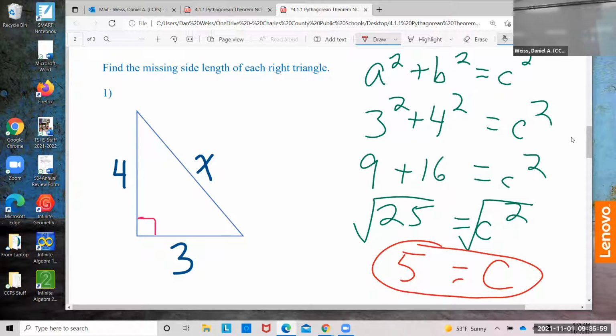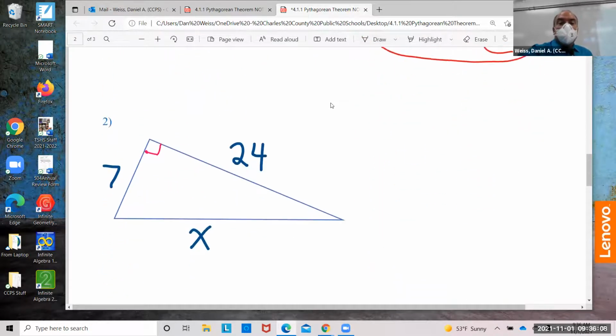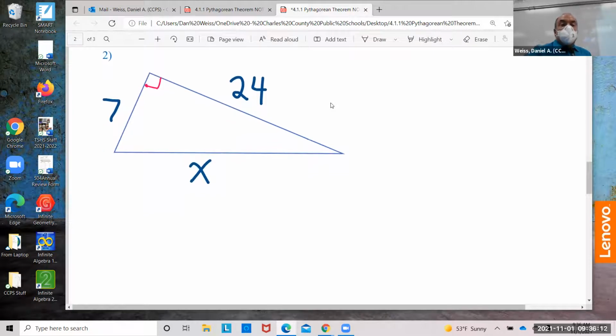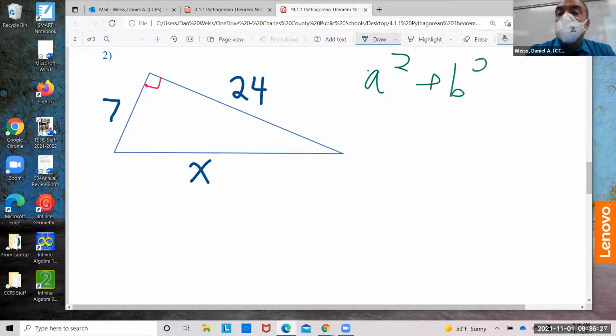Next one. What if one side is 7 and the other is 24? Okay, a squared plus b squared equals c squared.